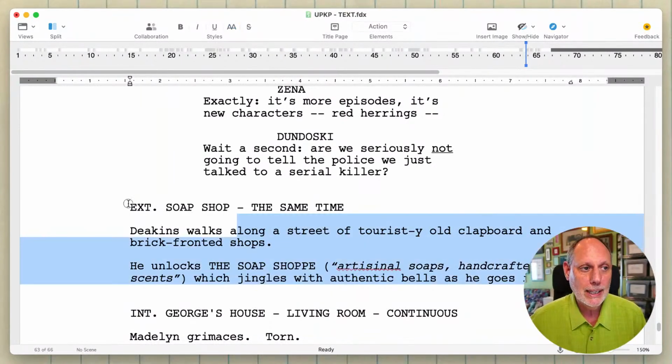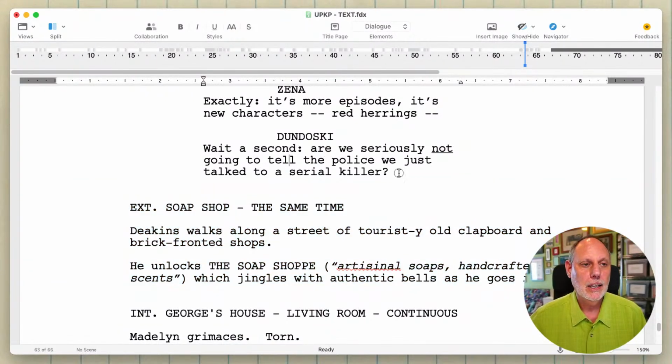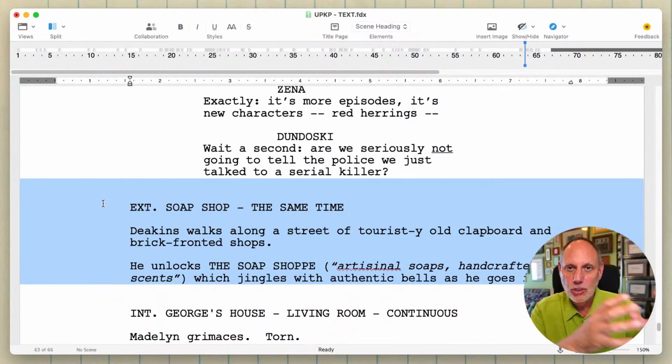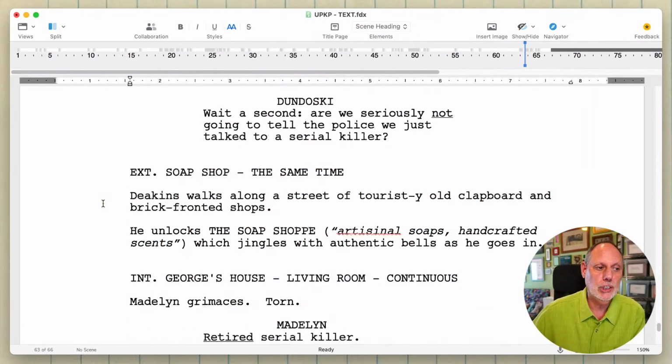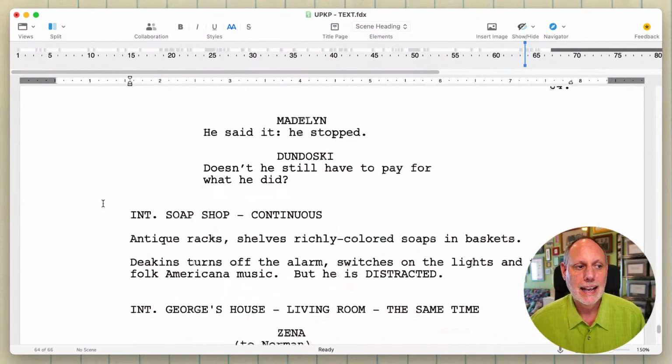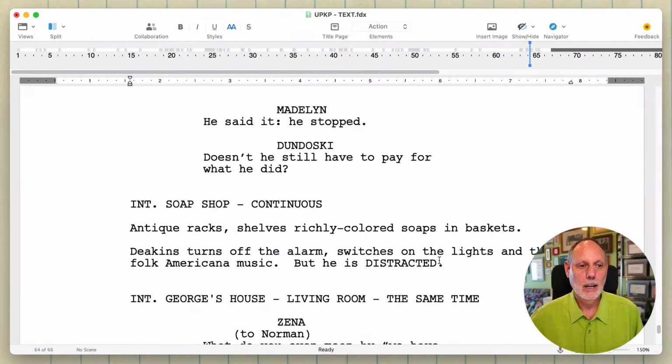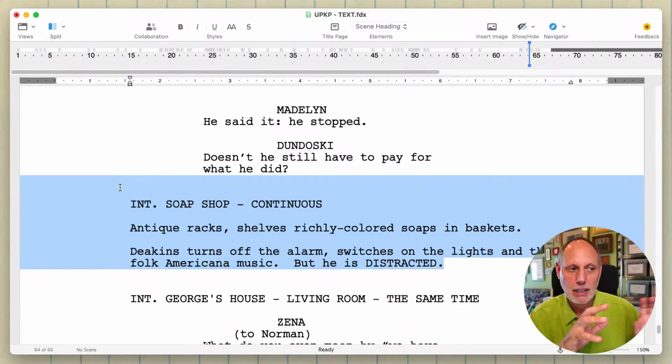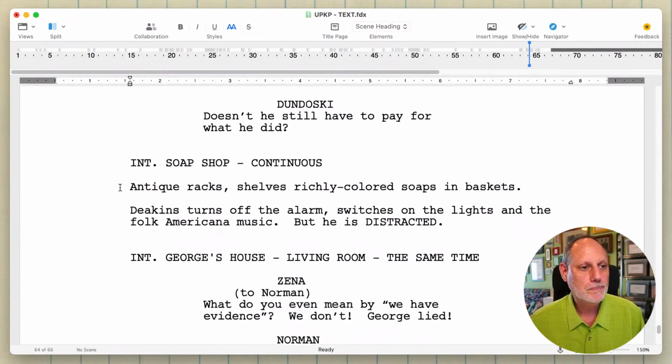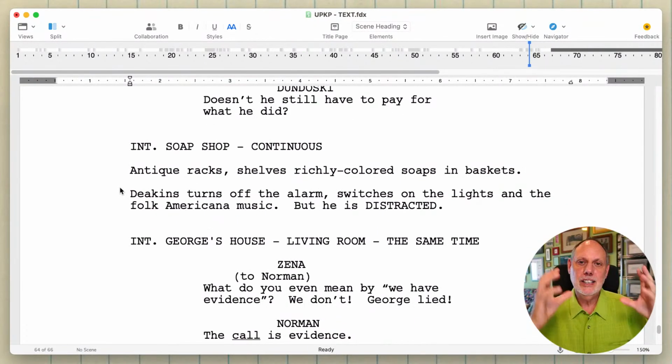But if I break it up and I say, are we seriously going to tell the police, and then we show this man they talked to walking down the street, and then we cut back to the conversation and they debate it a little, and then we cut back to him being very gentrified and living his quiet life, it's making clear to the audience that these are little insights dropped into an ongoing conversation.